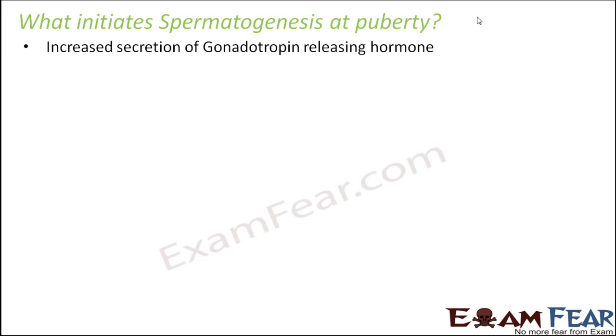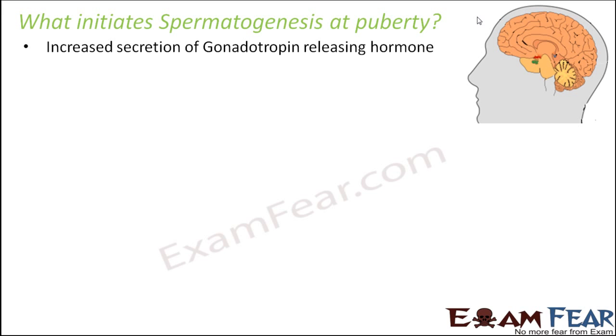Now, increased secretion of gonadotropin releasing hormone. You remember we learned about quite a few hormones in the chemical coordination lesson of class 11th, so we will make use of that knowledge. In the brain there are two glands. One is the hypothalamus, which acts as a link between the nervous system and the endocrine system.